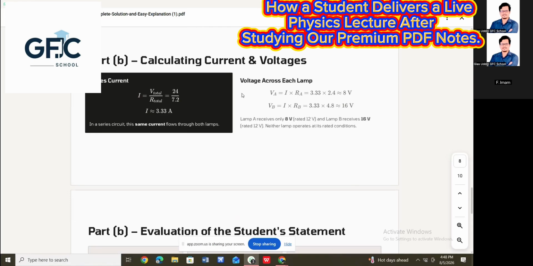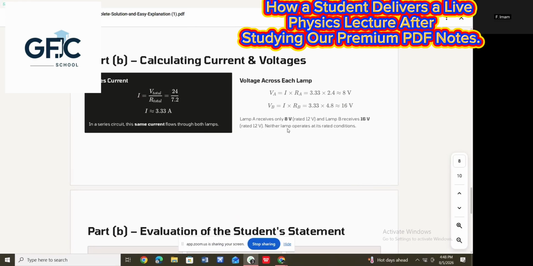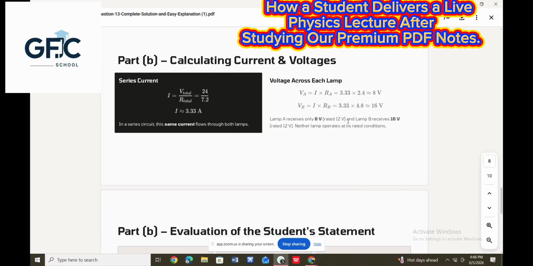Voltage across each lamp, just like this. Series current. Just apply V is equal to IR: 8 volt and 16 volt. Lamp A receives only 8 volt, rated 12 volt, and lamp B receives 16 volt, rated 12 volt. Neither lamp operates at its rated conditions.